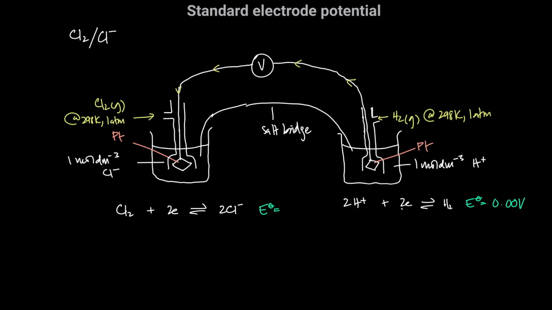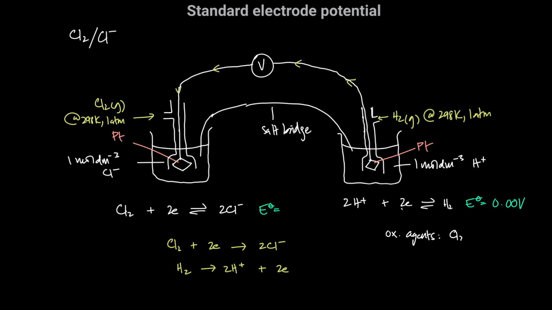It's undergoing oxidation. So here we can say that chlorine is gaining electrons to form chloride ions, and hydrogen is losing electrons to form H plus and electrons. If we compare the relative strengths, looking at the oxidizing agents present, those are the species undergoing reduction.